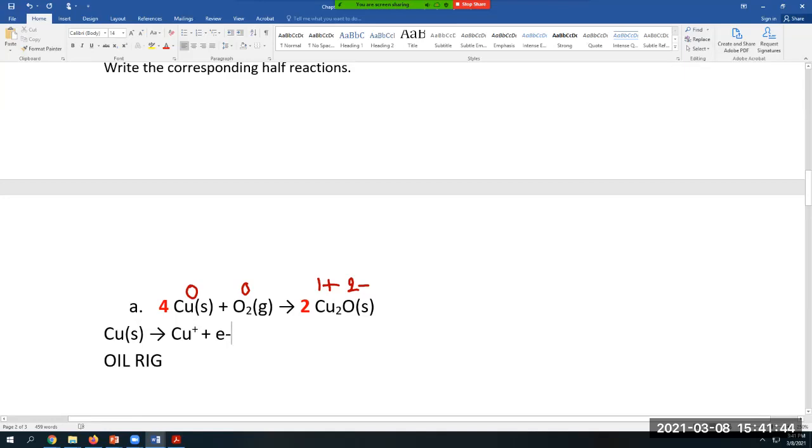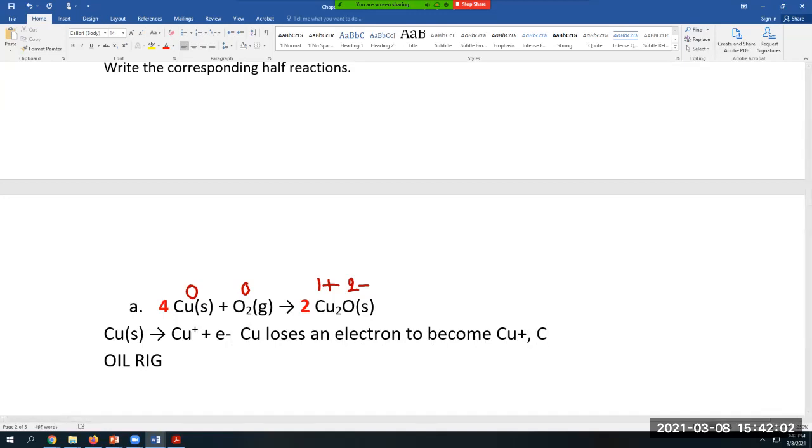So Cu loses an electron to become Cu+. That means copper is oxidized, because loss of electron means oxidation. So copper is oxidized.